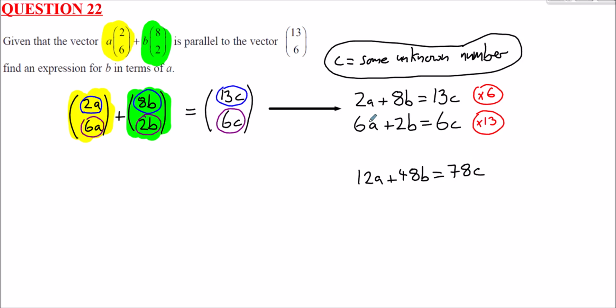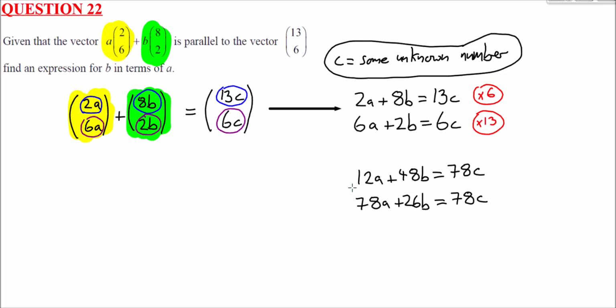On the bottom, multiplying through by 13, that's going to give me on the bottom 78A. 13 times 2 is 26, so that gives me 26B. Again, will equal 78C.